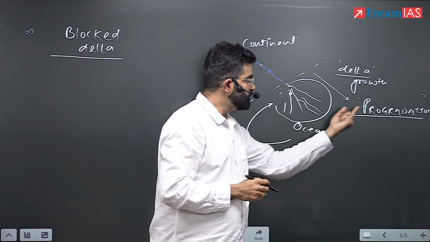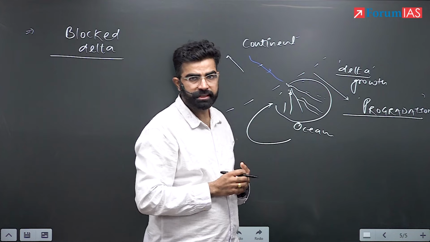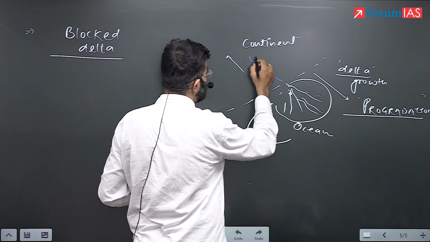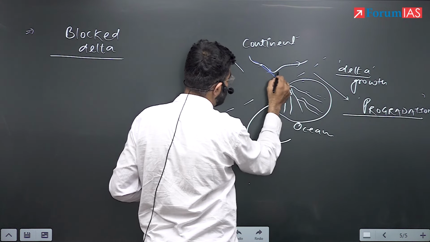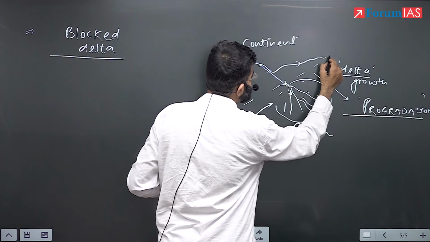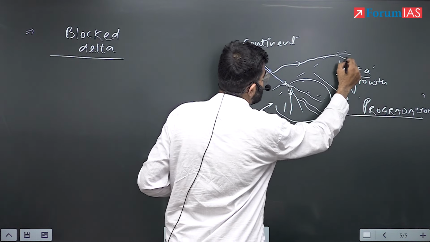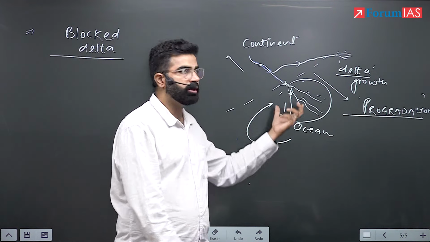Therefore, no more progradation work will be done by the river. That is the second possibility. And the third possibility can be this river may change its course. Before this change of course, it was making a delta here, but now it is making the delta in some other area. So this could be the third reason behind this blocking of progradation.